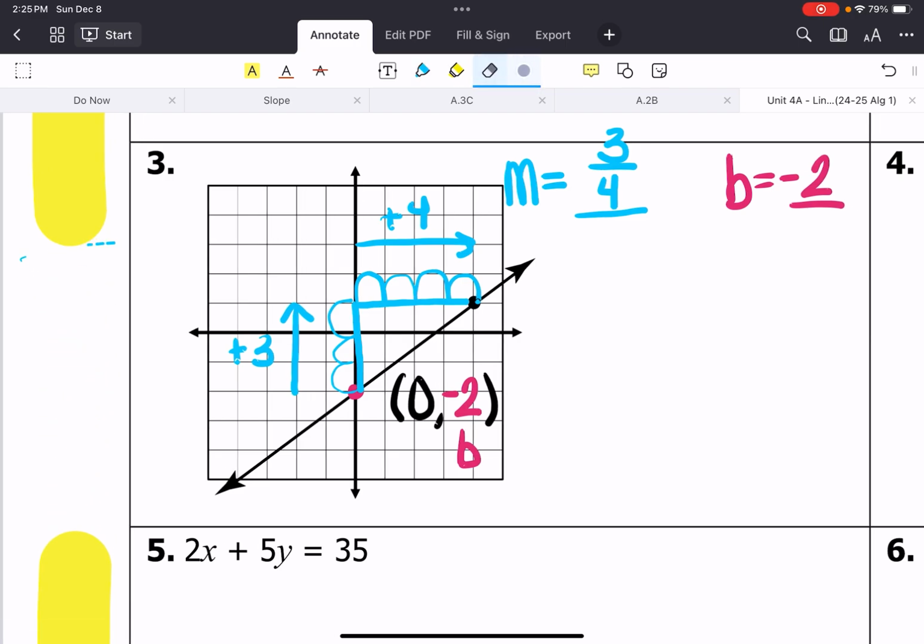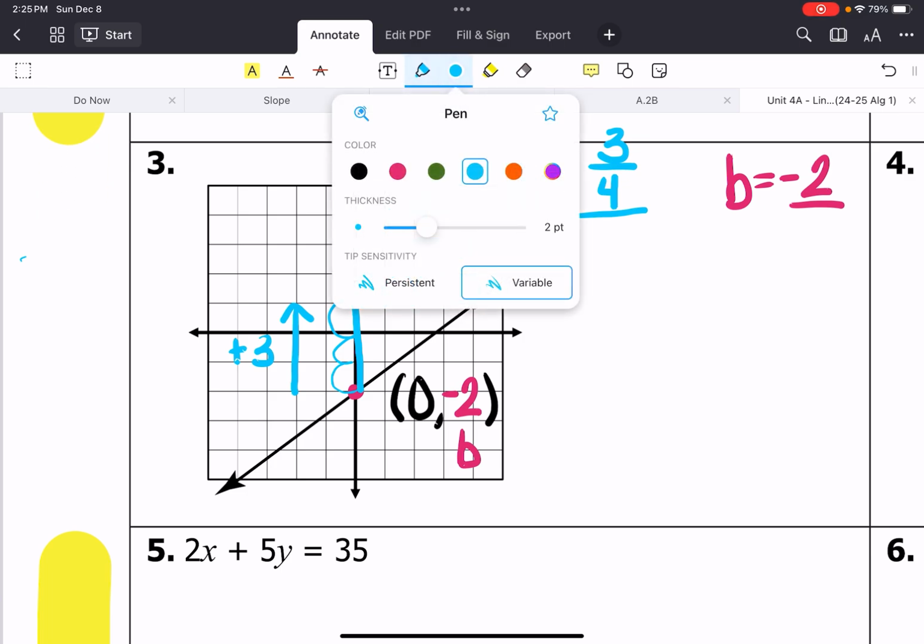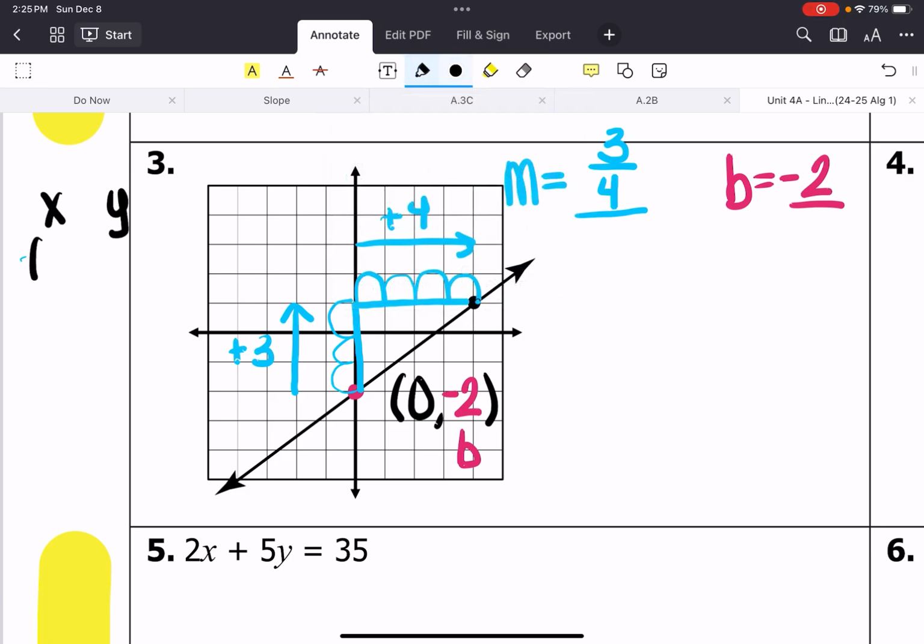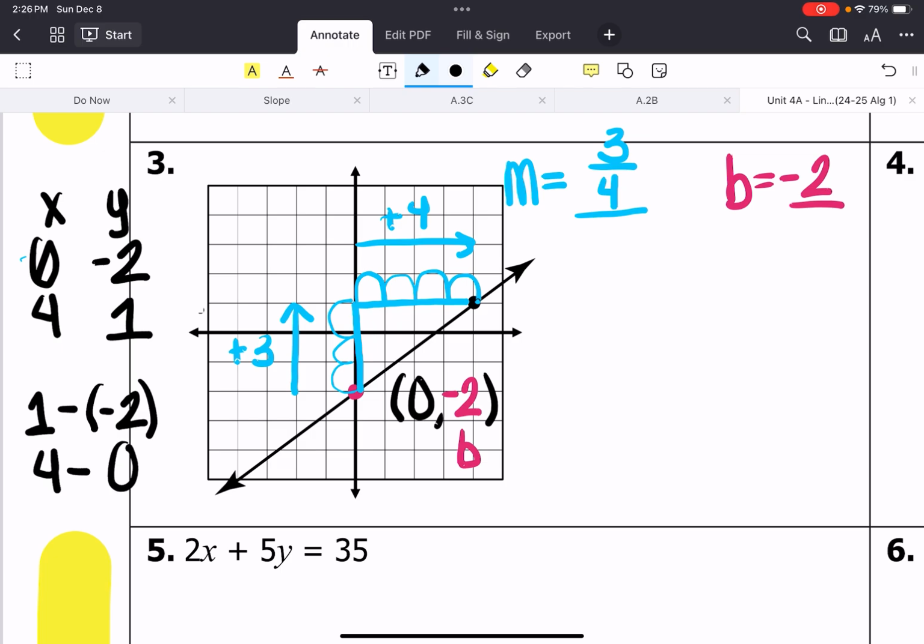you could also look at the 2 points you're given. When x is 0, y is -2, and then when x is 4, y is 1. From here, you can do your change in y divided by your change in x, or you can do your y2 minus your y1, and then your x2 minus your x1 to still get the 3/4.